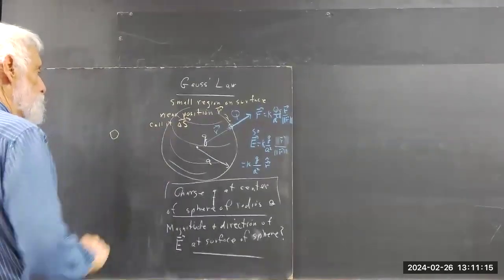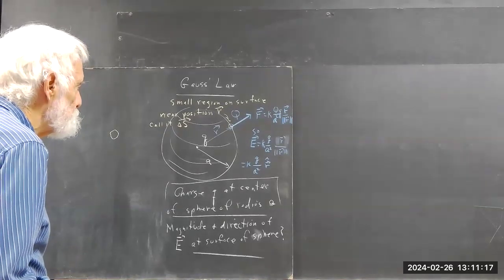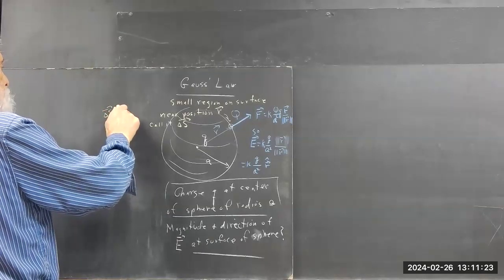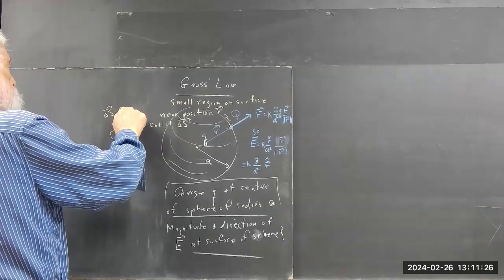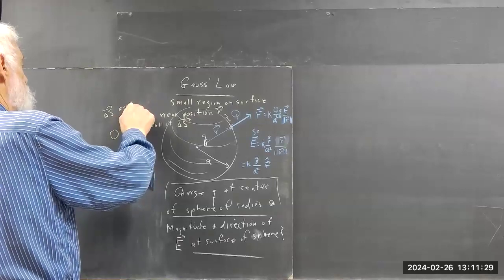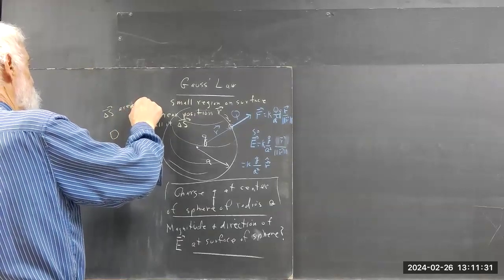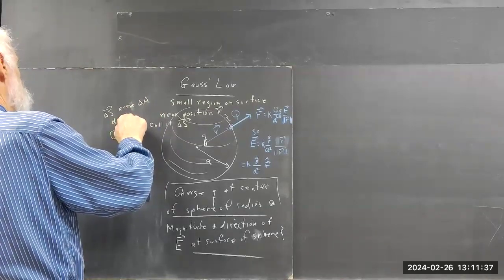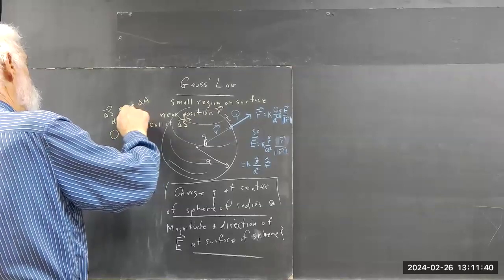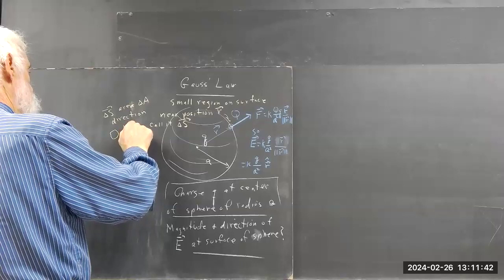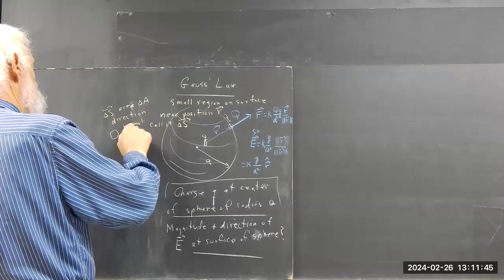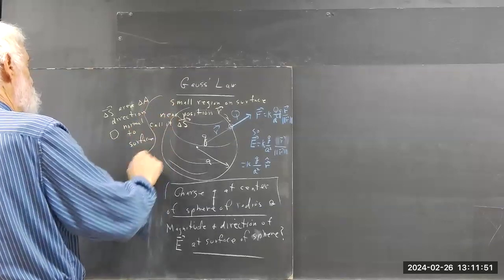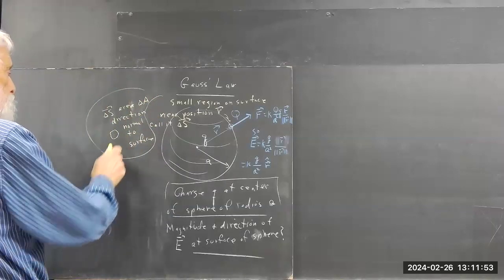We're going to call that region delta S. So here we have our region delta S. Its area is going to be delta A. And the direction is normal to the surface.